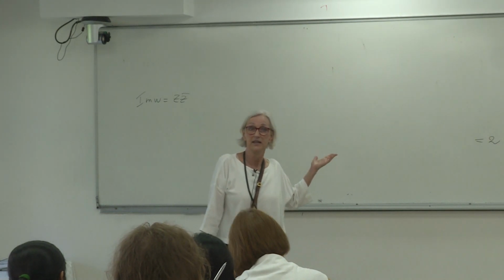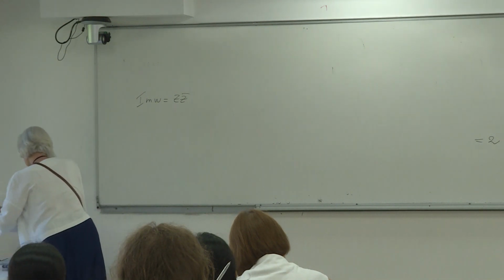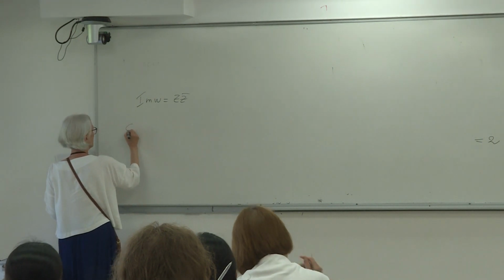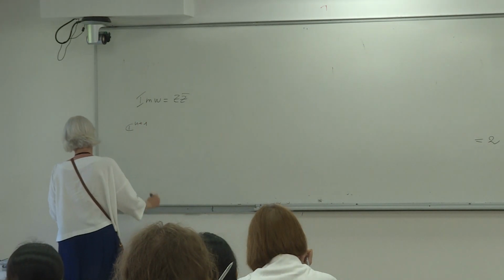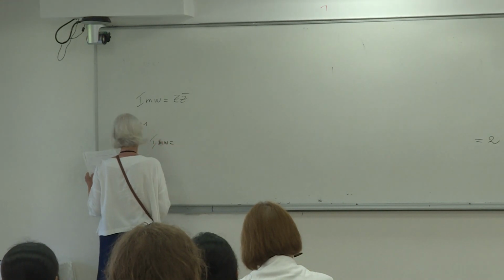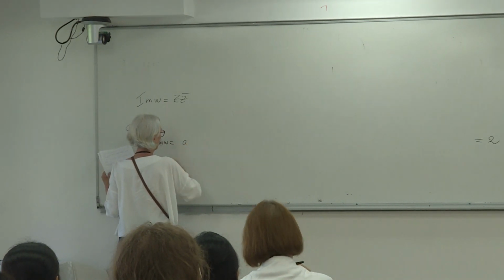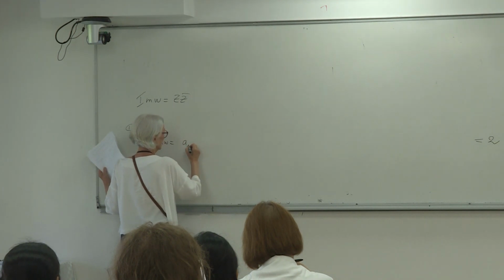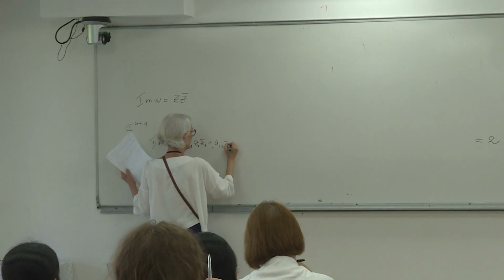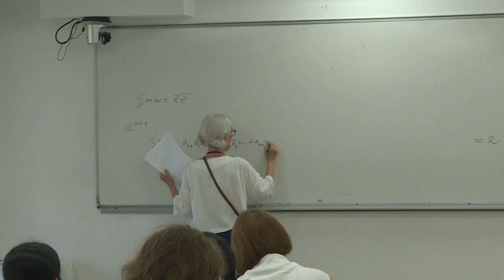It's one, the Levi number. Okay, if I take in C^{n+1}, Im w equals, I don't know, A11 z1 z̄1 plus A12 z1 z̄2 plus A1n z1 z̄n.